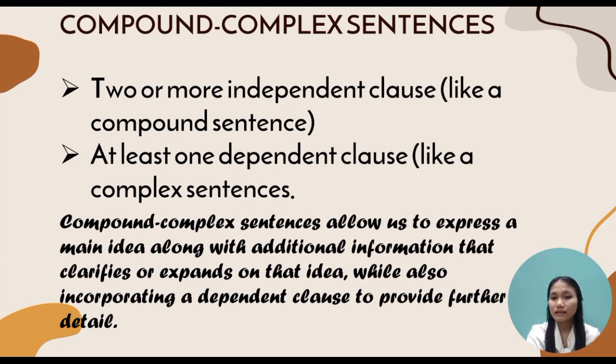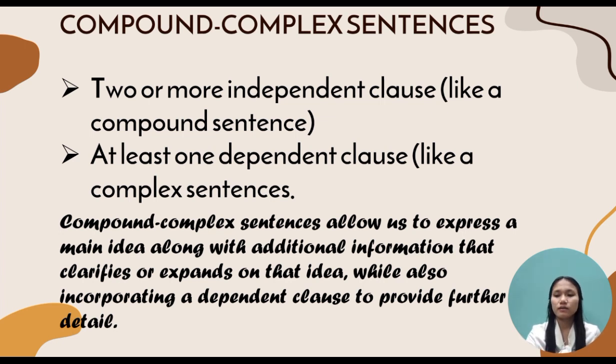These are two or more independent clauses like a compound sentence, and at least one dependent clause like a complex sentence. Compound-complex sentences allow us to express a main idea along with additional information that clarifies or expands on that idea, while also incorporating a dependent clause to provide further details.